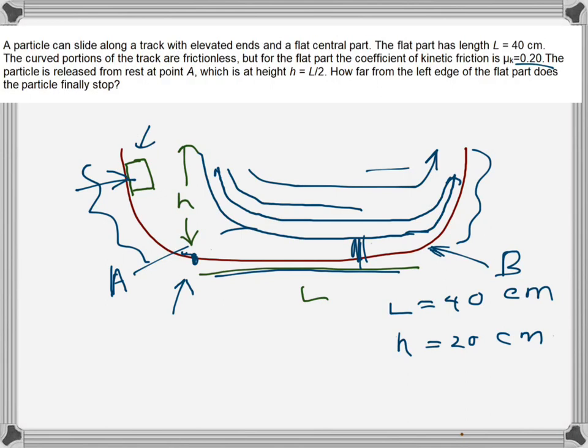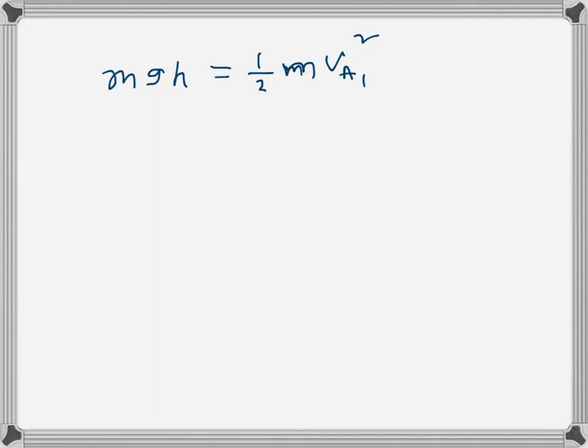So initially its velocity is v_A1 here. Even if it comes back there, we will call its velocity v_A2 when it comes back from here again, if it does. So this one we will find first.